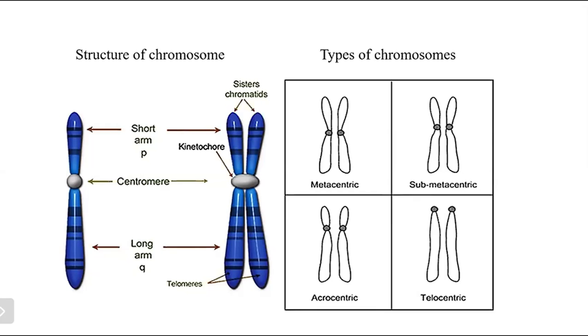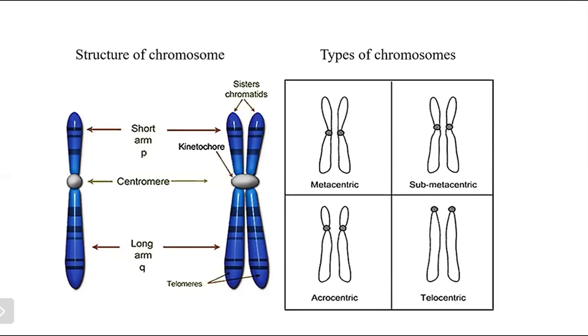So there has to be something which provides a site of attachment to spindle fibers so that they can join to the centromere. That is the kinetochore. This complex forms on the centromere, then spindle fibers attach to it and cell division takes place. They get pulled apart to each pole. So this is the structure of chromosomes.